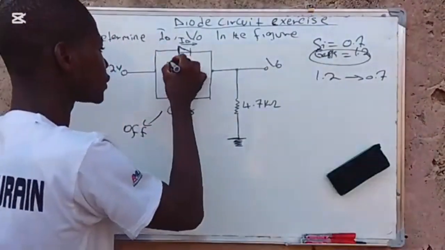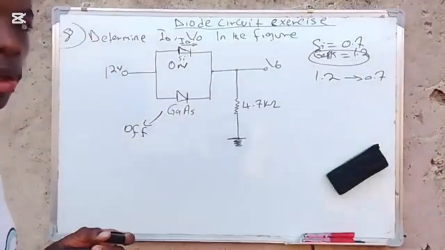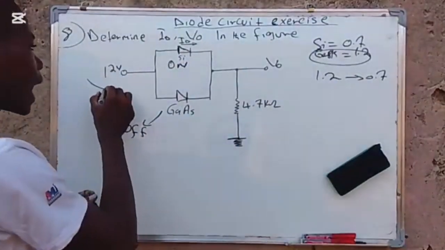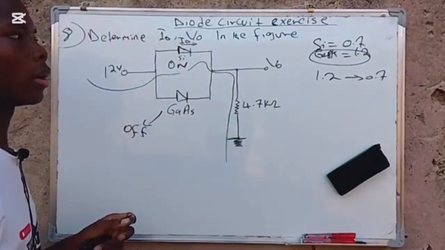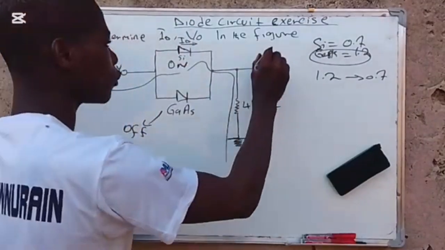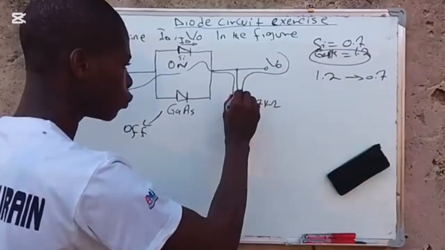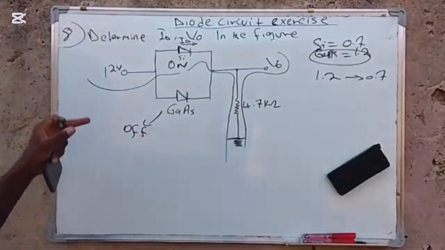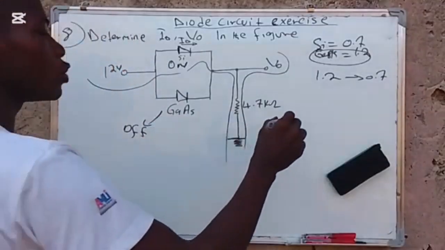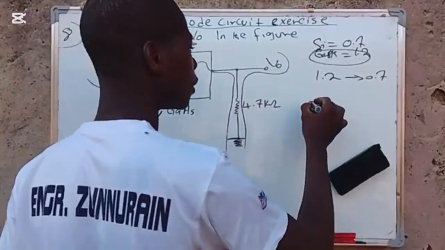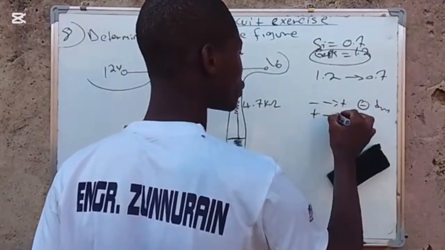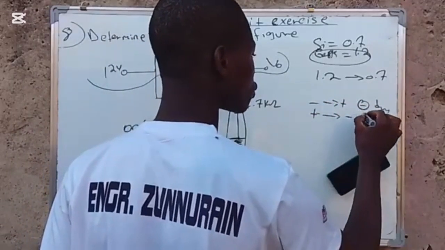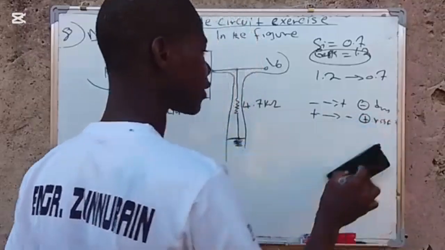You are just going to concentrate on this diode, which is on. After that, you apply KVL, moving around the loop to find your currents. If you are going to find voltage as usual, move to here. So how can I find this? Let me use drop, negative to positive, which is dropping, and positive to negative, which is rising.